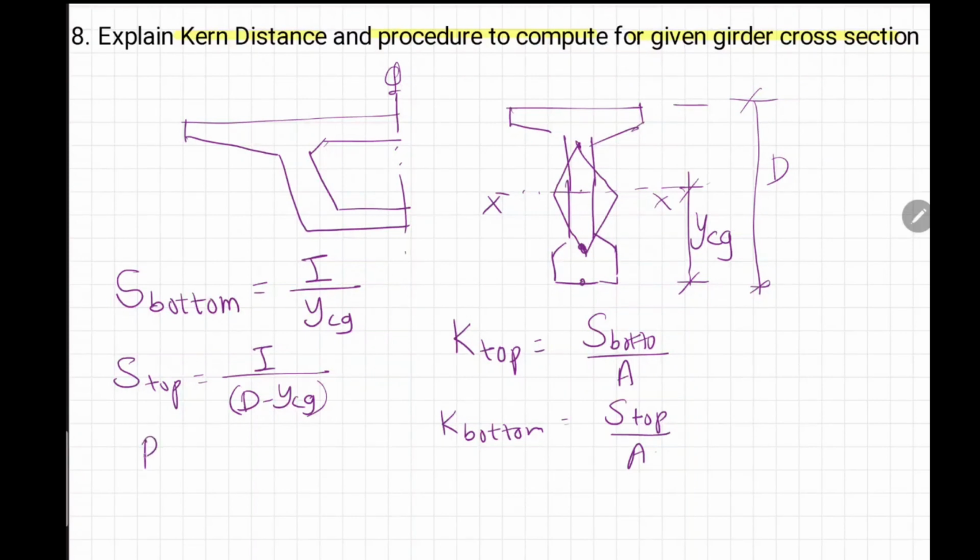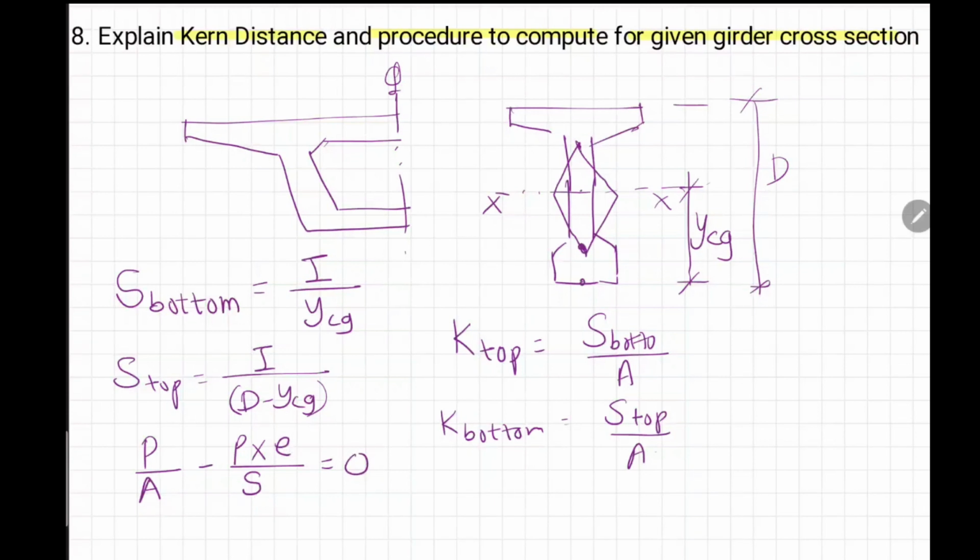So if we apply this fundamental equation, P by A minus P into e divided by Z, and here we are using the elastic section modulus as S, so I will write S, equals 0.